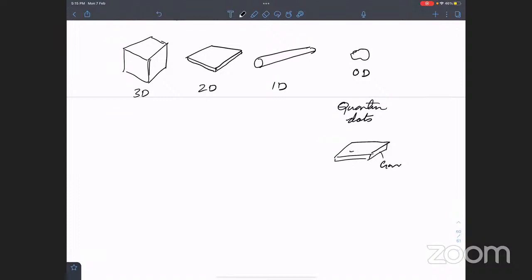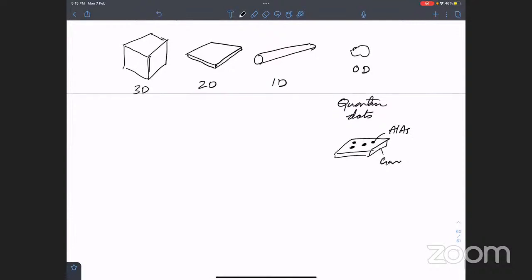And inside there will be very small pockets of some other material, maybe aluminum gallium arsenide or aluminum arsenide. So these things are quantum dots. This is a quantum dot embedded in a gallium arsenide host, right? So this is an example.